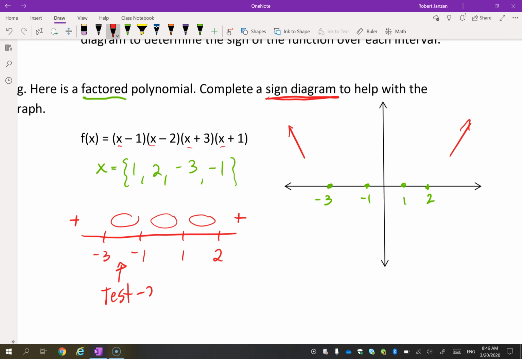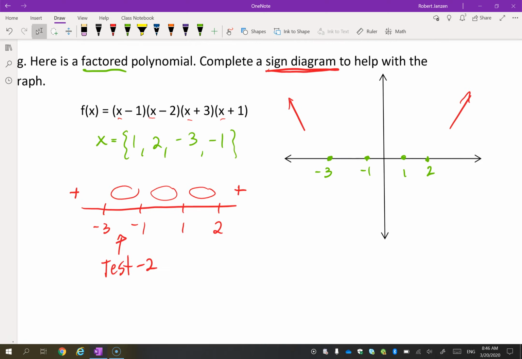Let's pick -2. If I take -2 and place it in for each of these x's, what do I get? And I don't need to know the value. Something you need to understand when you do these graphs, you don't need to know how high each bump is going. We just need to know, is it positive or negative? So when I test -2 in here, I'm going to get -2 take away 1, that will be negative.